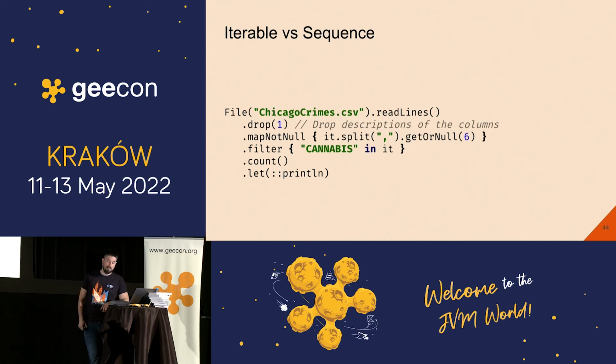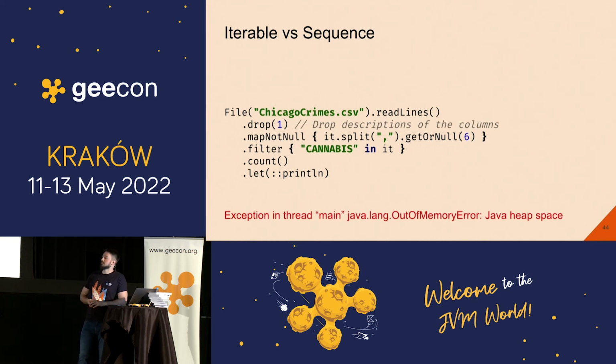If the file takes 2 gigabytes of data, the list of all the lines is more than 2 gigabytes of data. Then you drop. By doing drop, you create a copy, so another 2 gigabytes of data. Then you do map, another lots of data. Filter, another big collection. So you allocated plenty of memory.